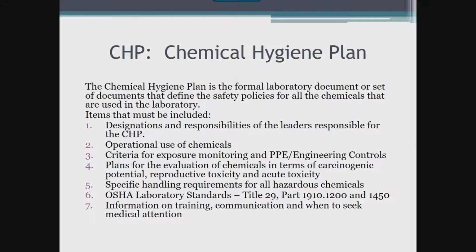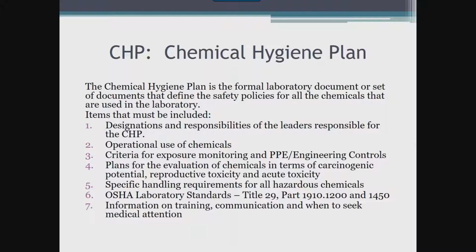It outlines how we evaluate the carcinogenic potential, reproductive toxicity, and acute toxicity of all chemicals that are used throughout our departments. It includes details about how we should handle hazardous chemicals and how operationally they are used in each setting, including what chemicals we may want to monitor or need to monitor for exposure.